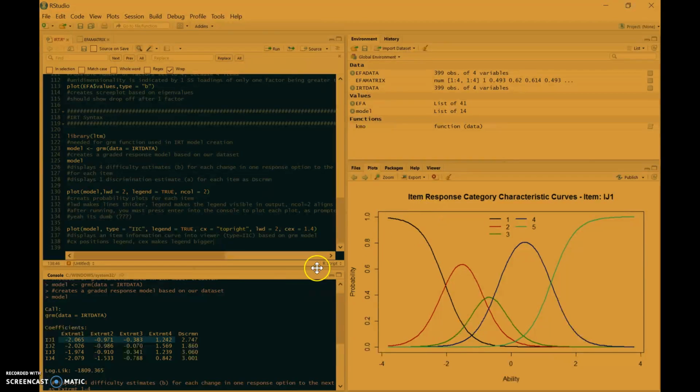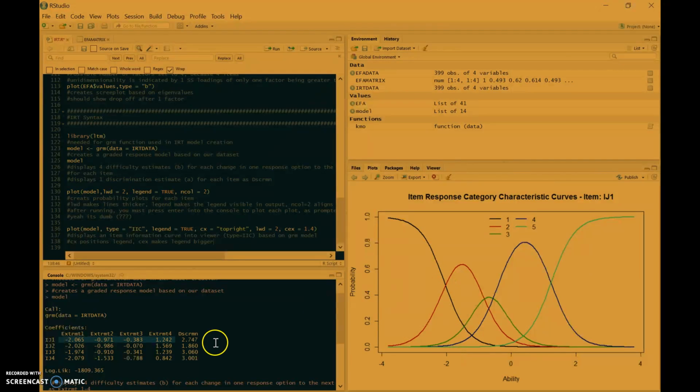So this first difficulty parameter is found at negative 2.065. That's right here. It's when the probability of someone responding with a 1 being the highest changes over to the probability of 2 being the response, in terms of theta space, ability space.